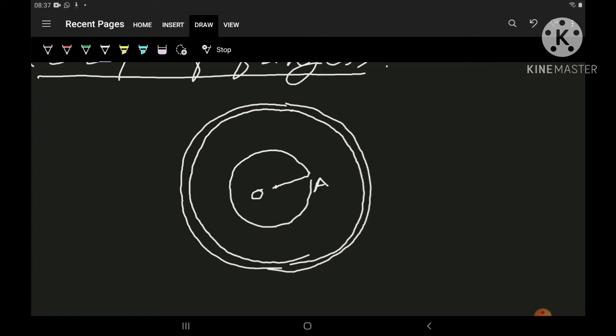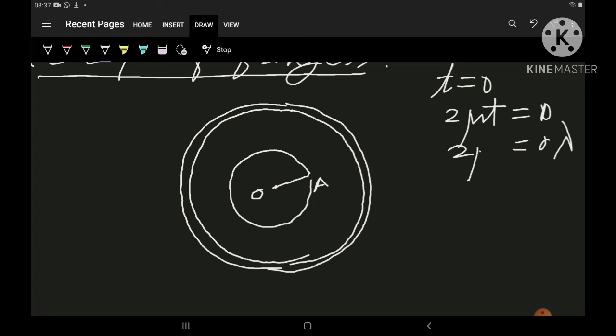Now as we have seen, at the point of contact there is a dark fringe, because the thickness is equal to 0. So here we can say 2 mu t is equal to 0, or we can write 2 mu t equals 0 lambda, meaning an integer multiple of lambda. 2 mu t equals an integer multiple of lambda, and this is the condition of dark spot.